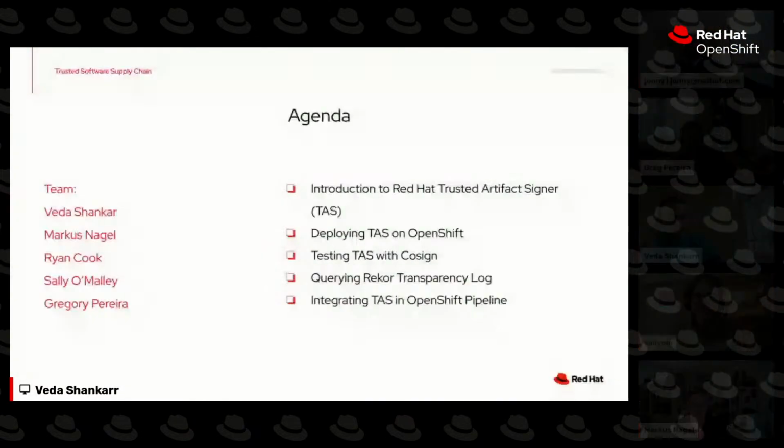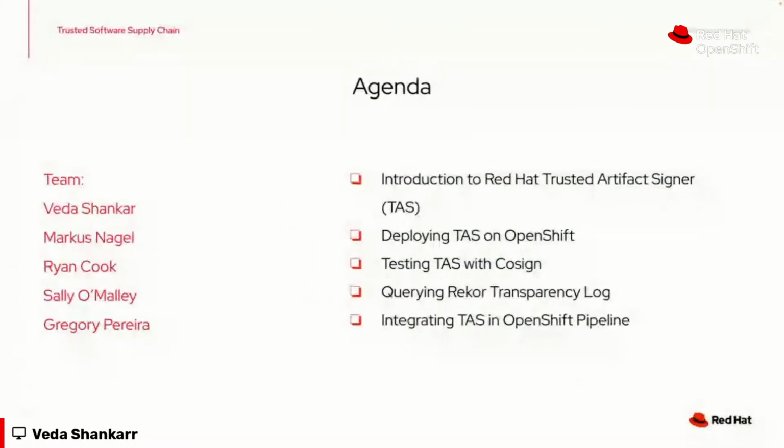That way I'll quickly touch upon the agenda. So that's the team that's going to be presenting to you. I'll take just about 4 or 5 minutes. In fact, half the story I was going to say, I think Jonny already did by revealing the blog. So I'll talk about the Trusted Artifact Signer, and then from there we'll do the deployment, which Marcus will show, and then testing with Cosign.